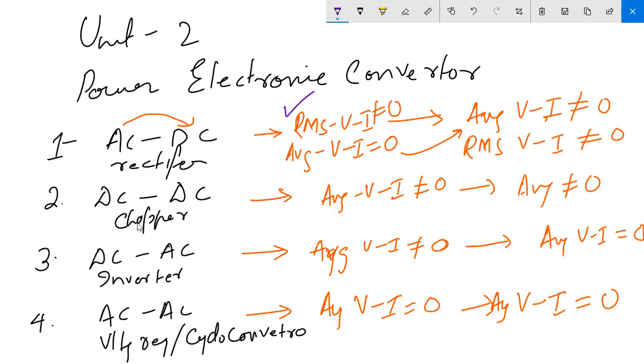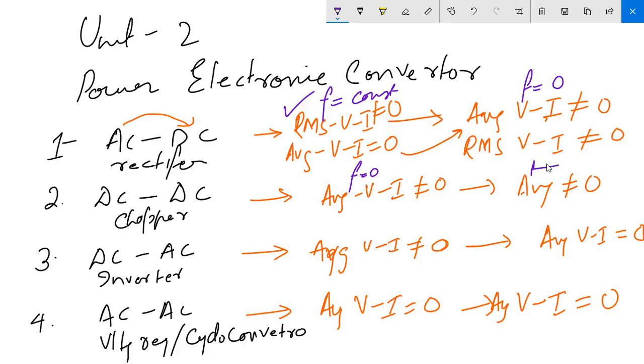Regarding frequency, when you are converting AC to DC, the AC frequency is constant and for a DC side, frequency is 0. Talking about DC to DC, frequency will be there, but in pulsating form.